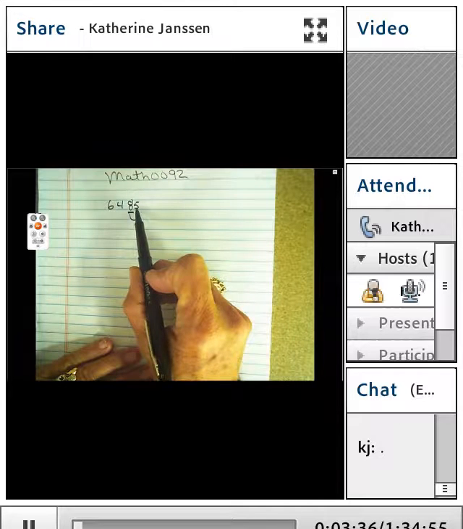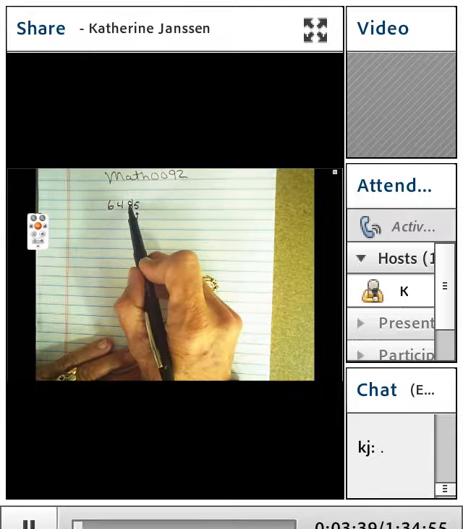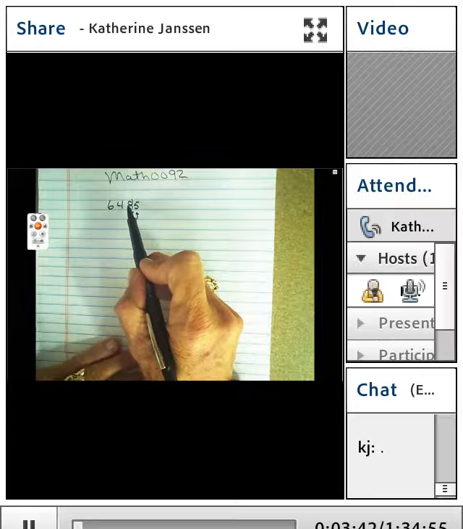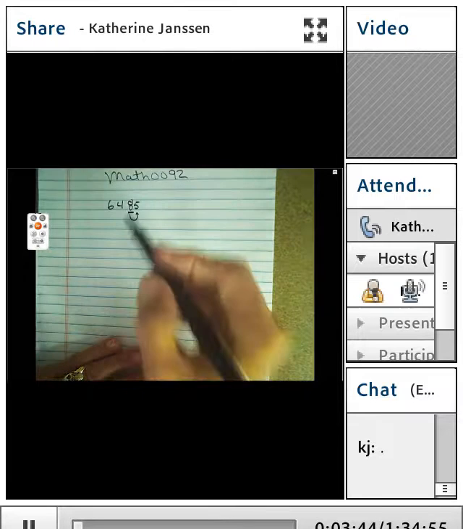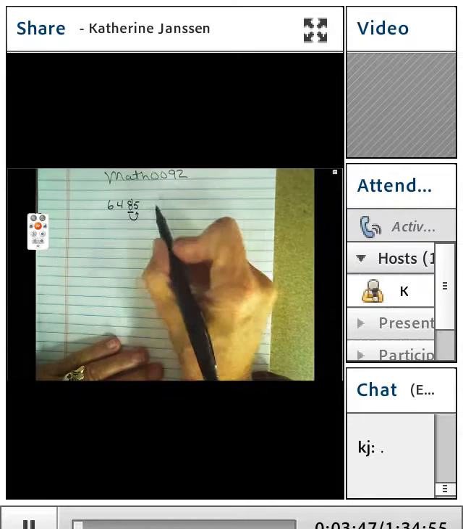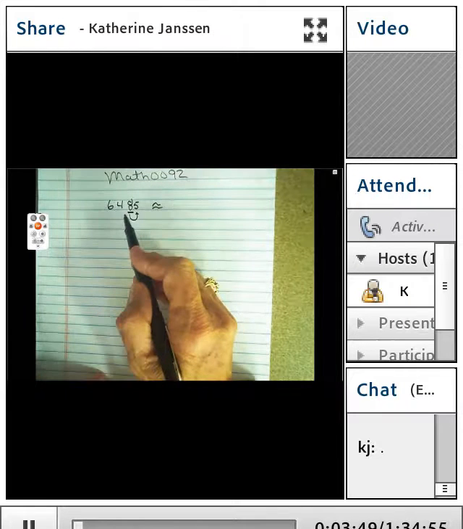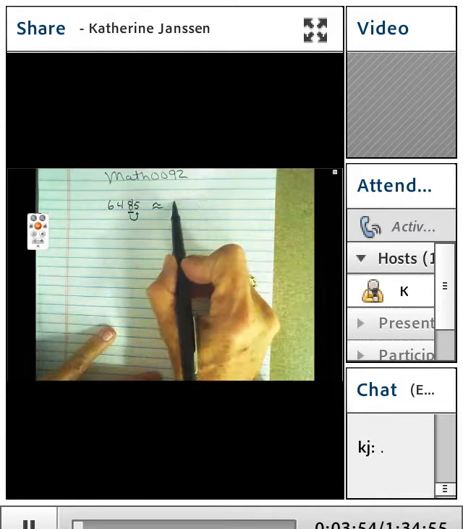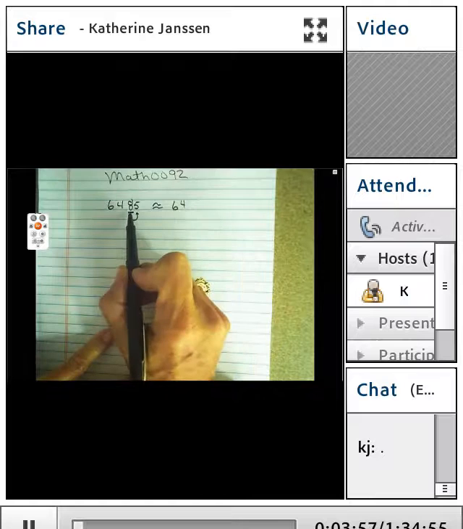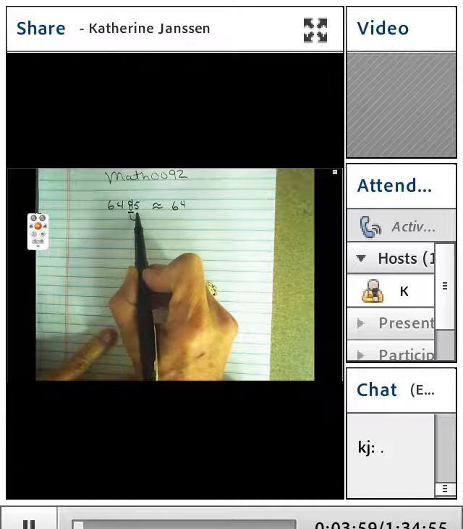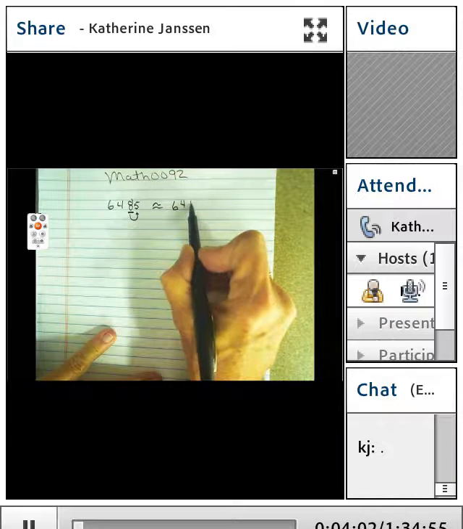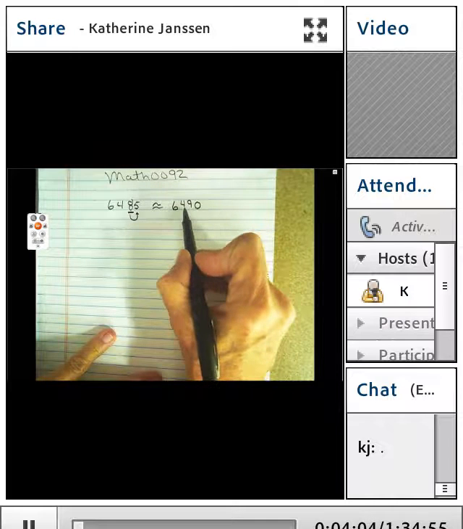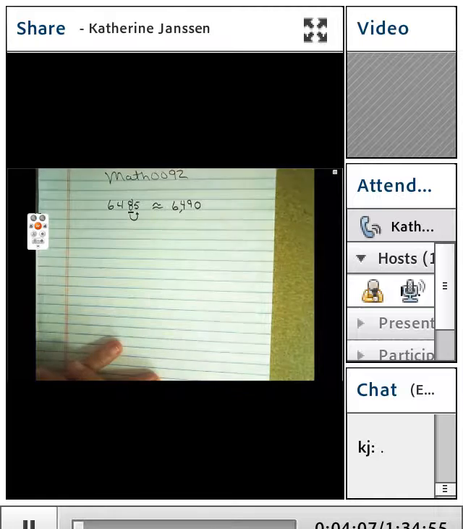If that is 5 or greater, we add 1 to our rounding location. If not, we replace with trailing zeros. So 6,485 is approximately 648. I'm looking next door. It is 5 or greater. I'm going to add 1, so that'll be 9, and still remaining right with 0. 6,485 is approximately 6,490 rounded to the nearest 10.